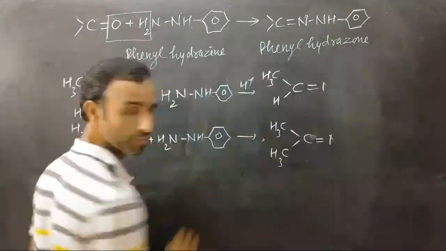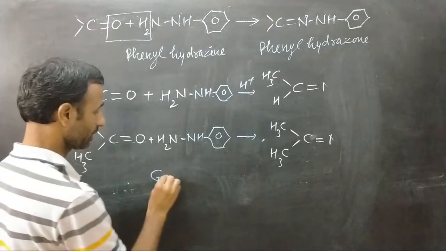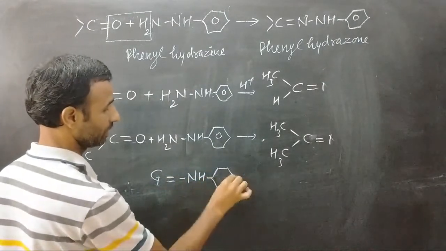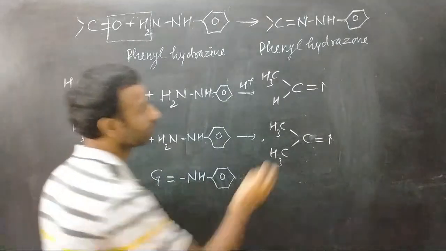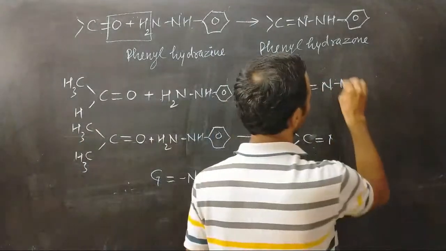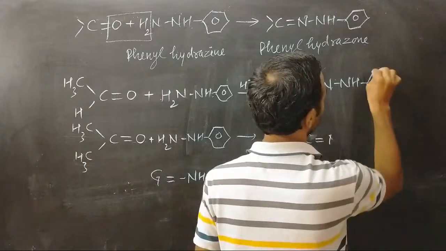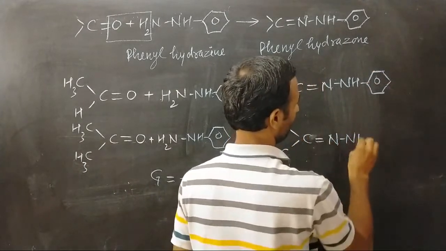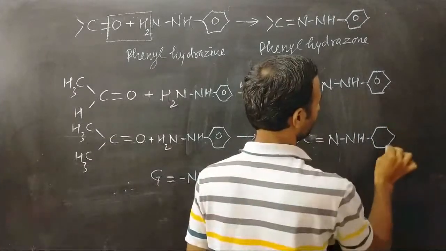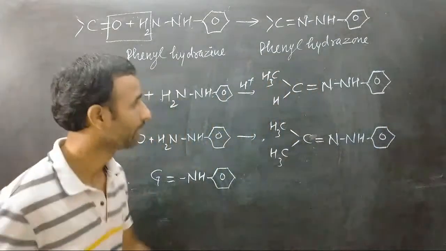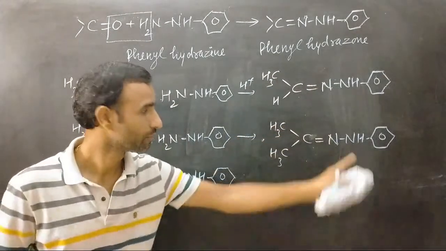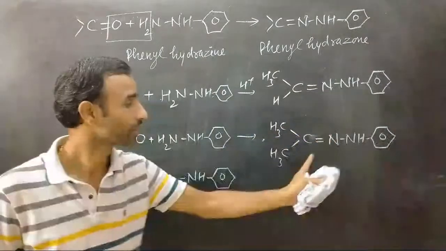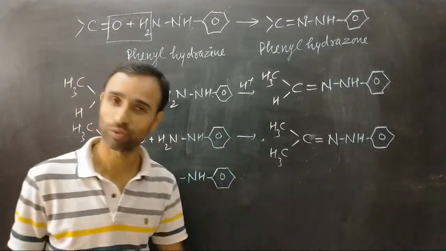It is like this. Here G is NH(C6H5), right? So it is NH(C6H5) and NH(C6H5). Acetaldehyde oxime, acetaldehyde phenylhydrazone, acetone phenylhydrazone.